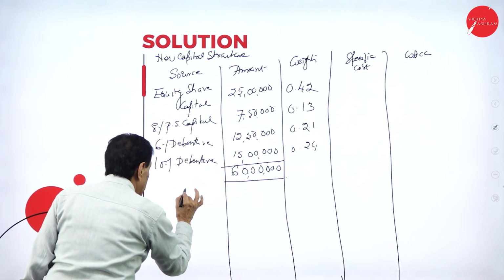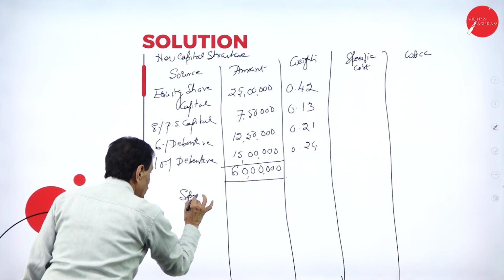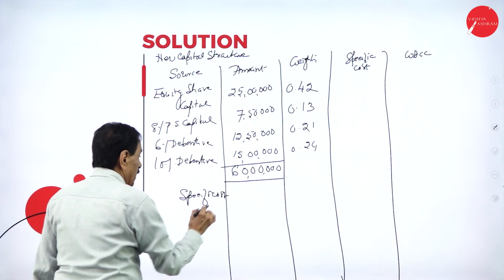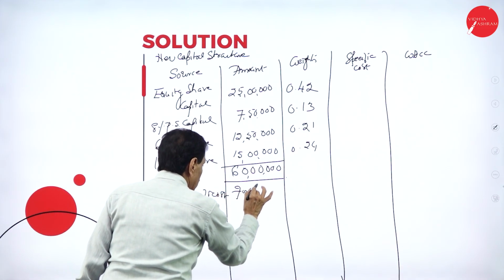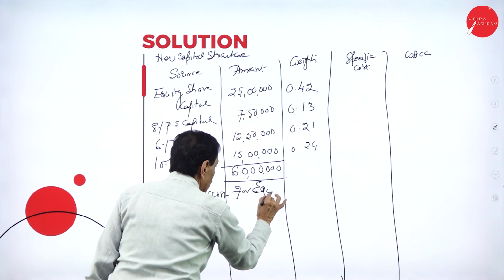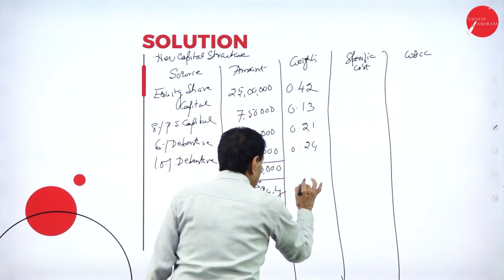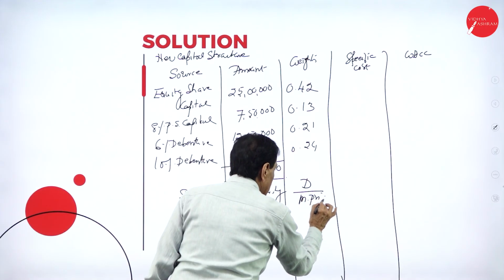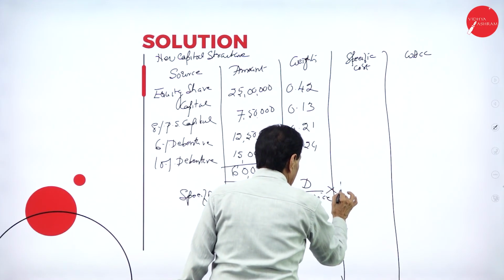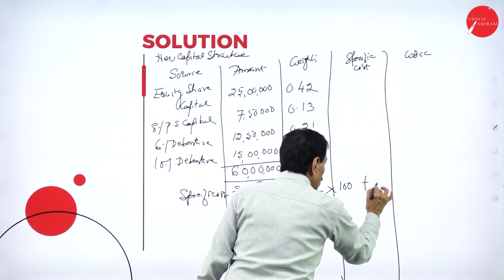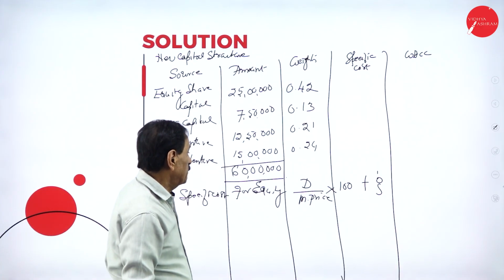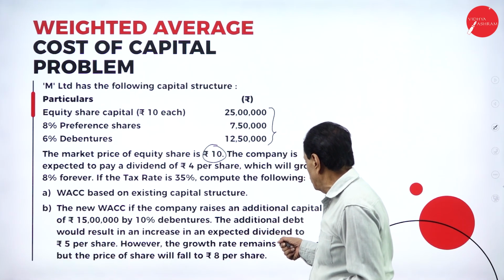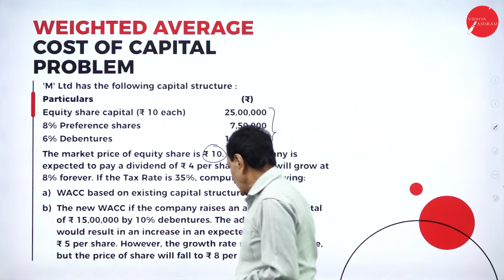Now, specific cost for equity. Same formula: dividend divided by market price into 100 plus growth rate. The additional debt would result in an increase in expected dividend of rupees 5.